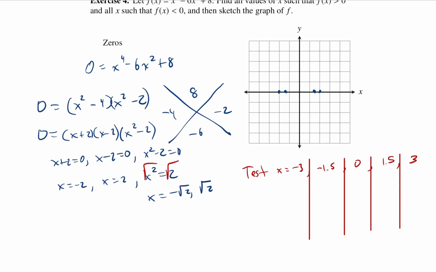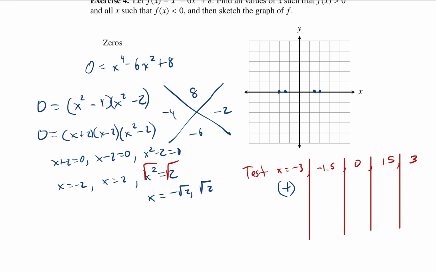All right, so for the first one, -3, if you plug in -3 here, that's going to be 9 minus 4, which is positive, and 9 minus 2 is positive, so you're going to have a positive. All right, for -1.5, -1.5 squared is 2.25, so this is going to be negative, and this is going to be positive.